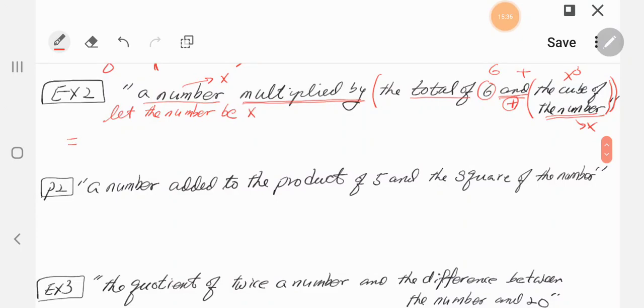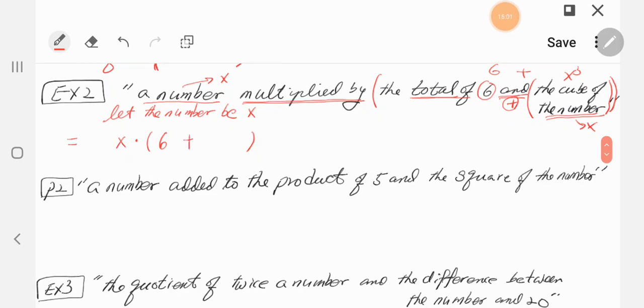So write it down. A number, x, is multiplied by some expression. I will use a dot to represent the multiplication. Multiplied by some expression, and this expression is in parentheses. This is not a single number. This is the total, which means this is a sum. So in the parentheses, sum means plus.